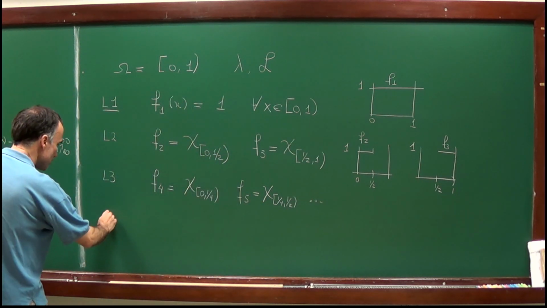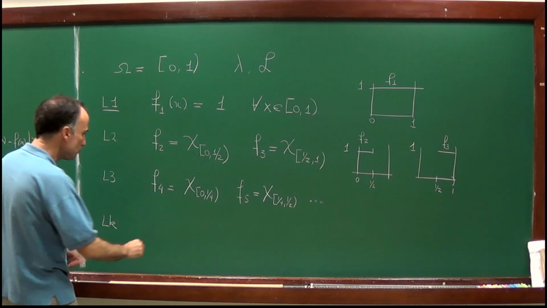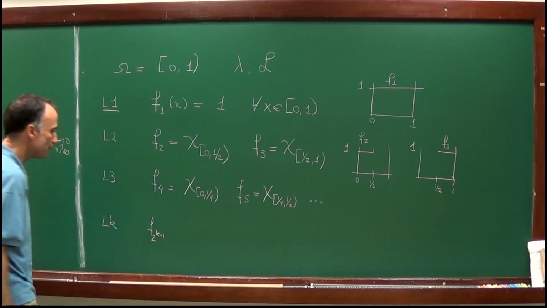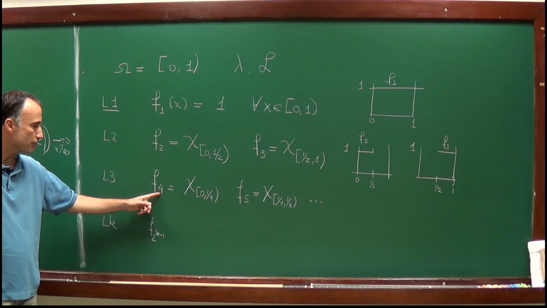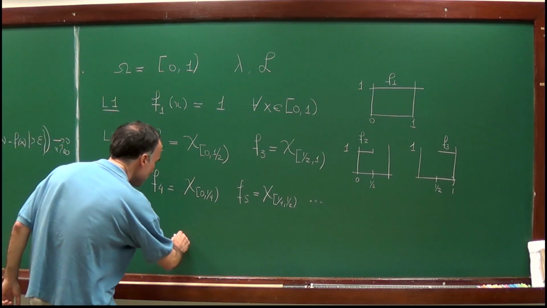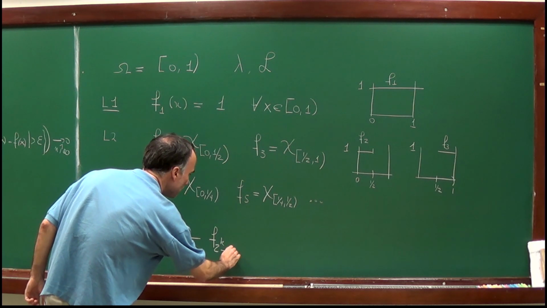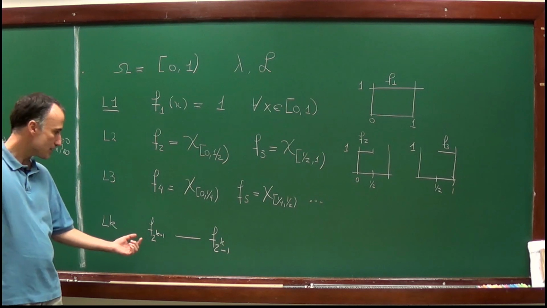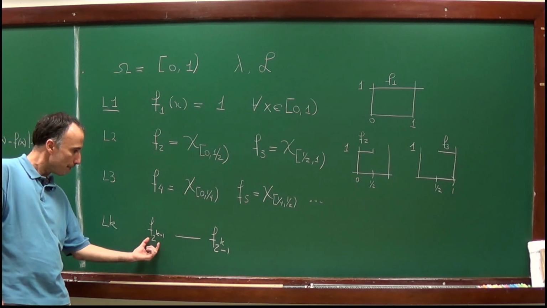Generally speaking, at level k, we will start with the function f_{2^(k-1)}. Right here at level 3, we start with the function f_4, which is 2 to the power 2. So here we'll have 2 to the power k minus 1, and this will go up to f_{2^k - 1}, and these will be indicators of intervals of length 1 over 2^(k-1).